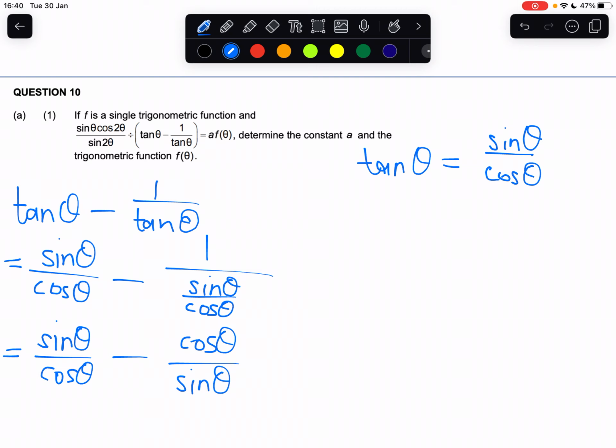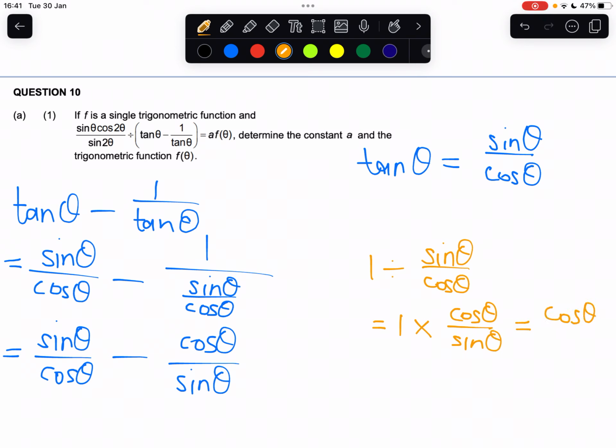So the inverse of a half. No, okay, I'm confusing myself. Let's do it in full on the side. Doesn't take very much to confuse me, evidently. It's just going to be the same as 1 times that fraction flipped around, which is cos theta over sine theta. Okay, so that's where that's coming from.